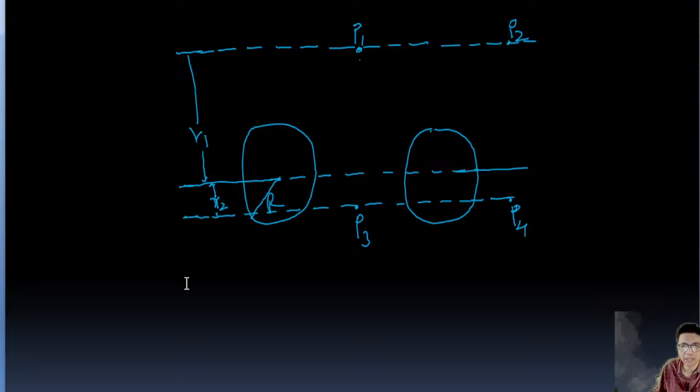So guys, the magnetic field at P2 and P4 we can find using Ampere's law, because these points are outside the capacitor. Okay, I'll write it.